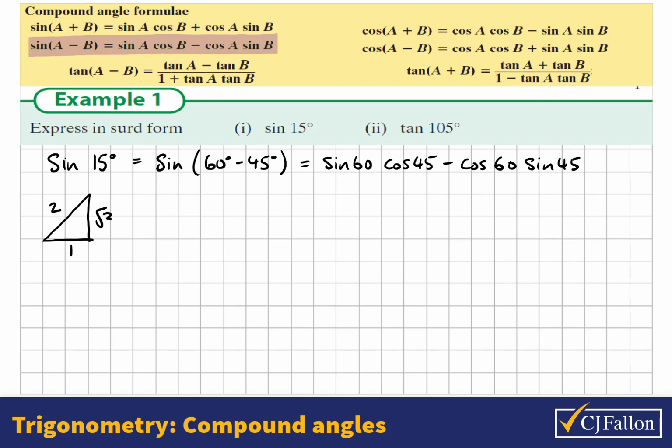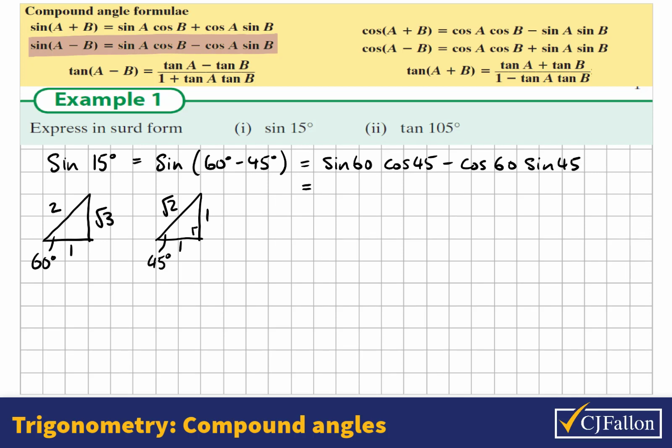We might be familiar with the triangles though. The triangle that has 60 degrees in it has sides of 2, 1 and root 3. And there's a triangle also with sides of 1, 1 and root 2 which has angles of 45 degrees. So we might be familiar with these two triangles.